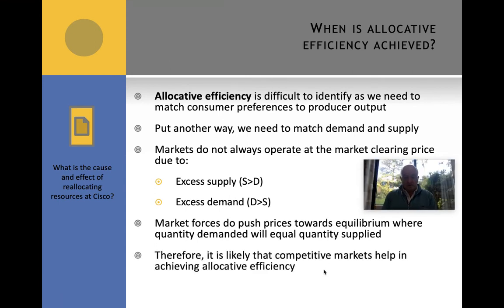However, when we've got a more competitive market, where we've got choices of supply and also maybe variable price, then more competitive markets are likely to help to achieve allocative efficiency, or getting closer to it.